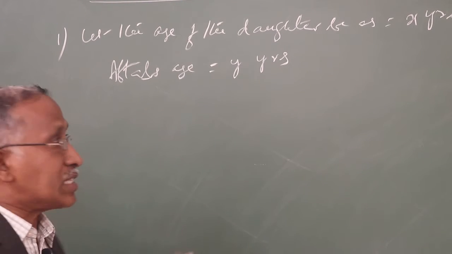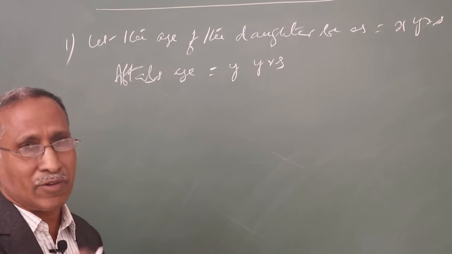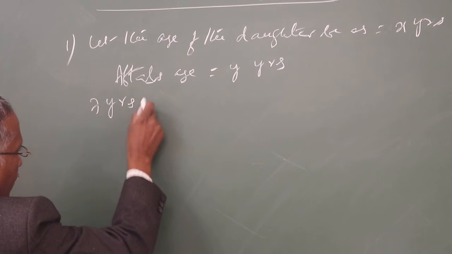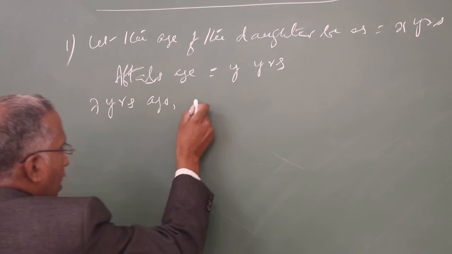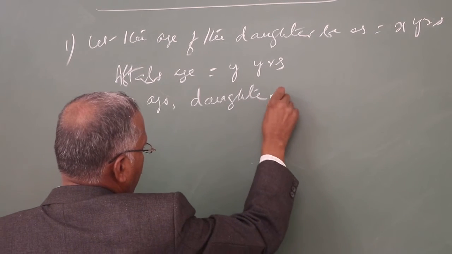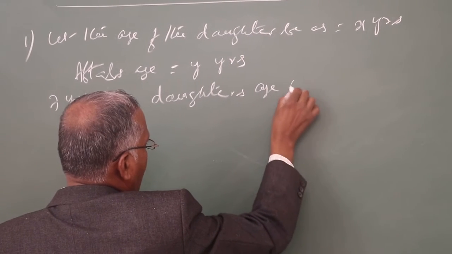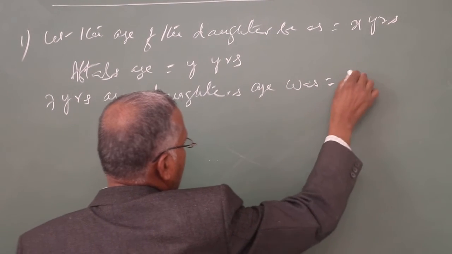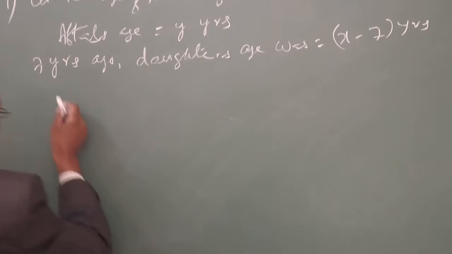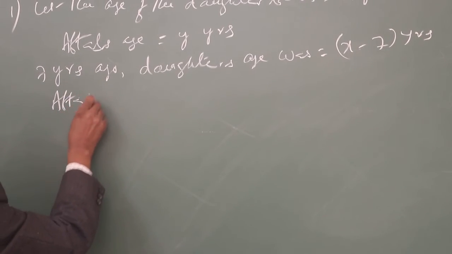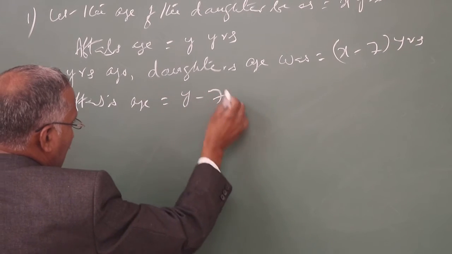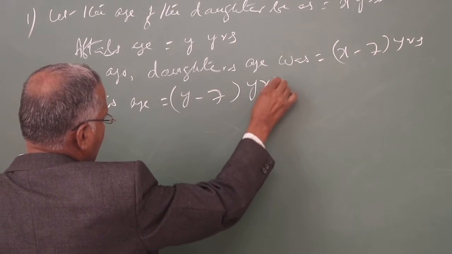Then the present ages were taken as x years and y years. 7 years ago, daughter's age was x minus 7 years, and Aftab's age was y minus 7 years.